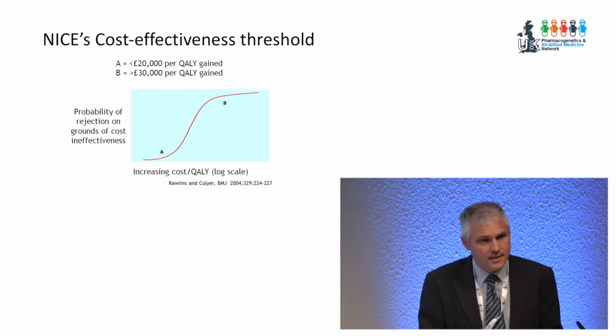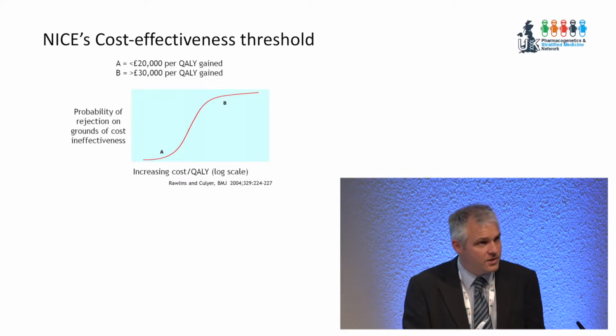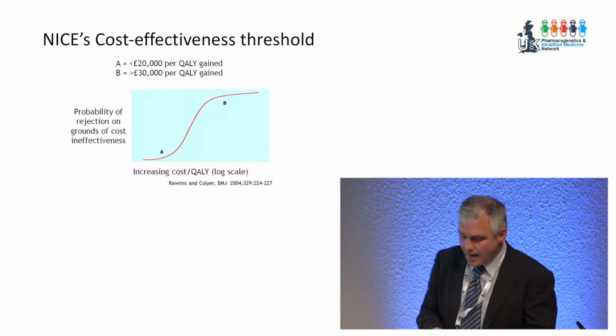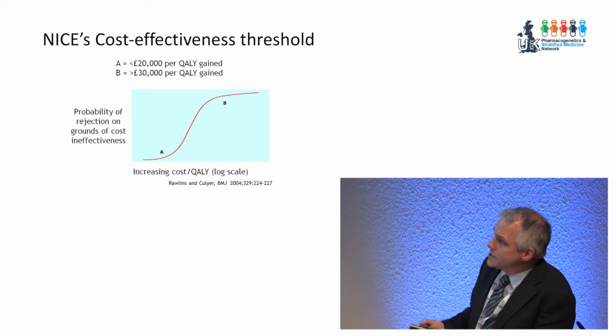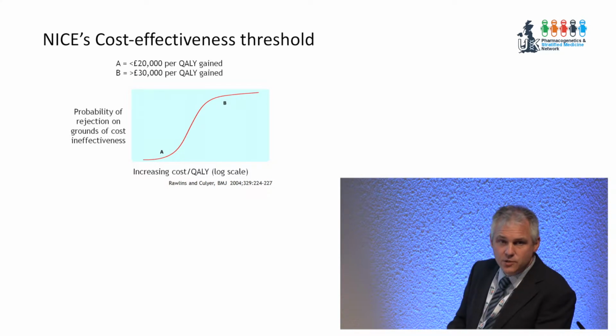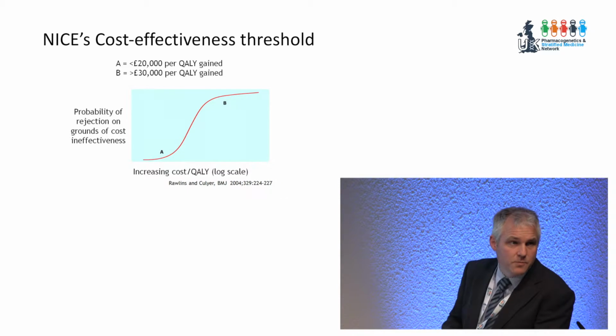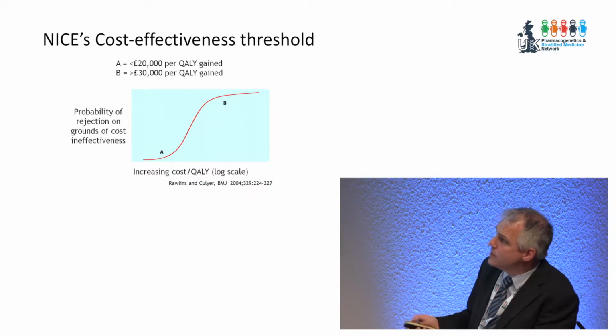And NICE has set a threshold or a threshold range to decide precisely what it means by value for money. The depiction here, from a paper going back to 2004 in the BMJ, shows how much NICE ought to be willing to pay for an additional quality-adjusted life year versus the probability of that intervention being accepted or rejected on the grounds of it not being cost-effective. So there are 2 points of inflection here.